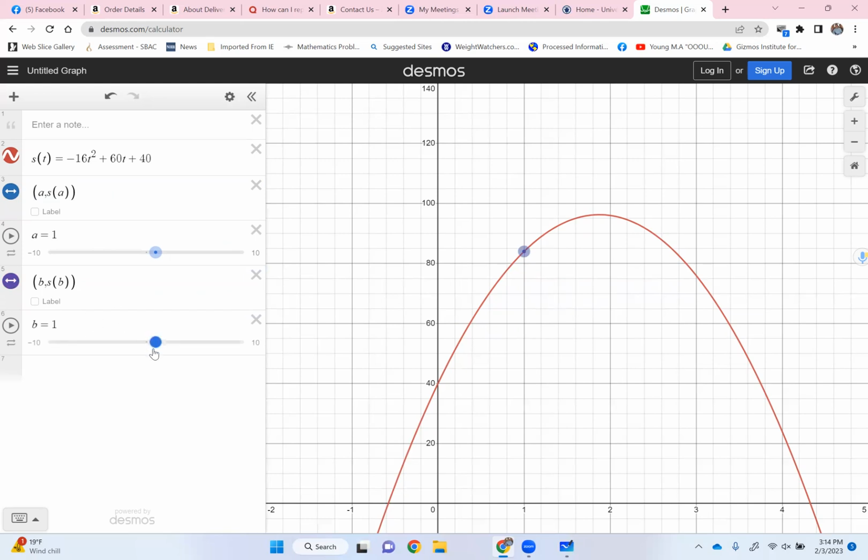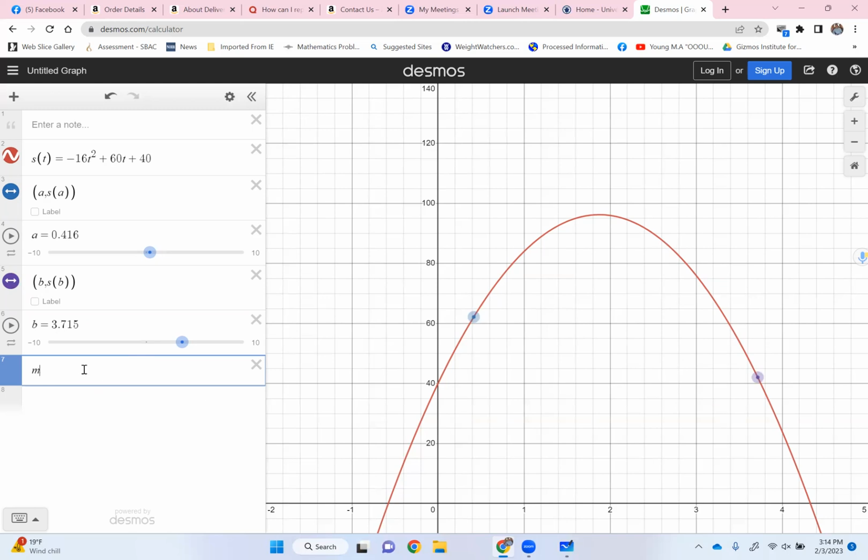Okay, now I'm going to take this and slide it over here, and we can see that it moves the point. And what's nice is we can grab these points and move them anywhere we want. All right, now, how do we calculate the slope of the secant line between the 2 points, which is also the average velocity?